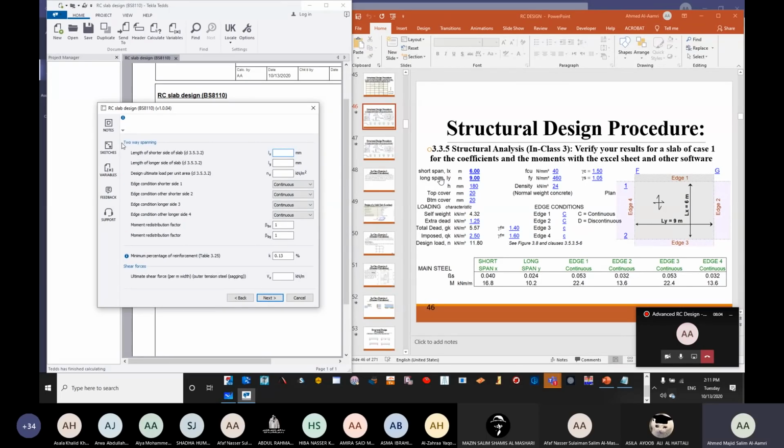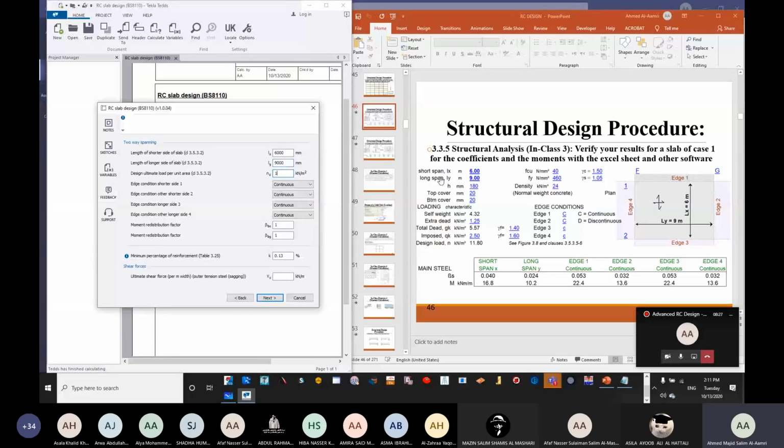It will ask what is the length of the shorter side in millimeter. So Lx is 6,000 or 6 meter. Ly is 9 meter or 9,000. Design ultimate load per unit area. What is your n value? So we have n value of 11.8 here.